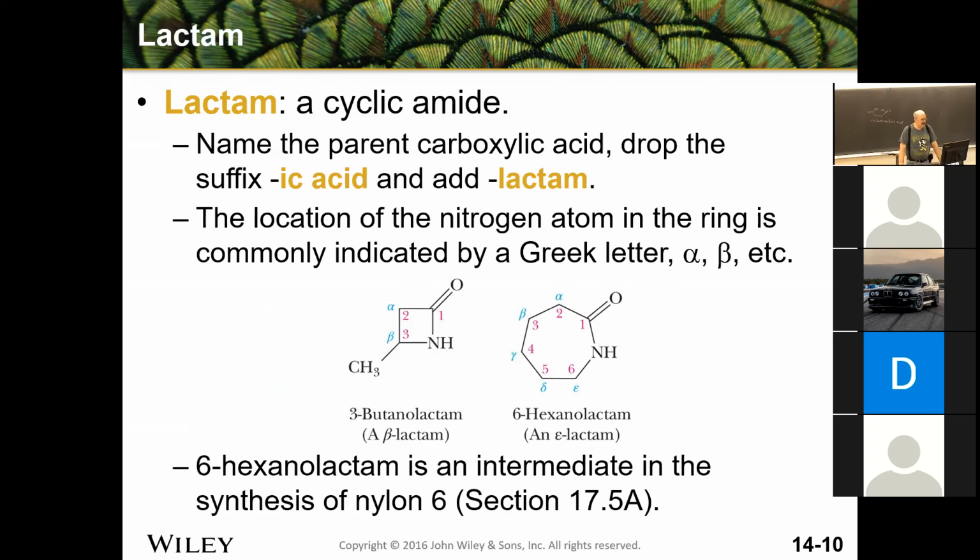All right. Earlier we talked about lactones. We can also cyclize amides to make lactams. Okay, so we name the parent carboxylic acid, drop the suffix, and then we add lactam.